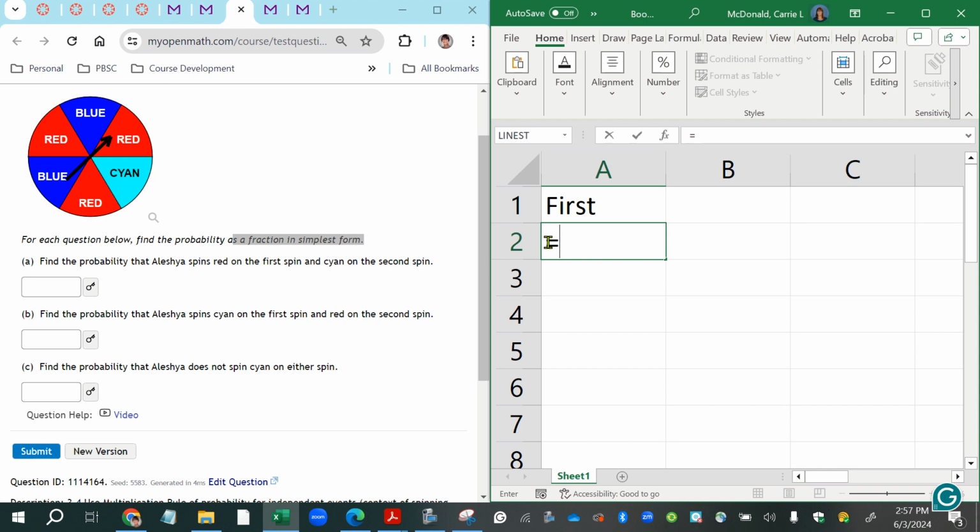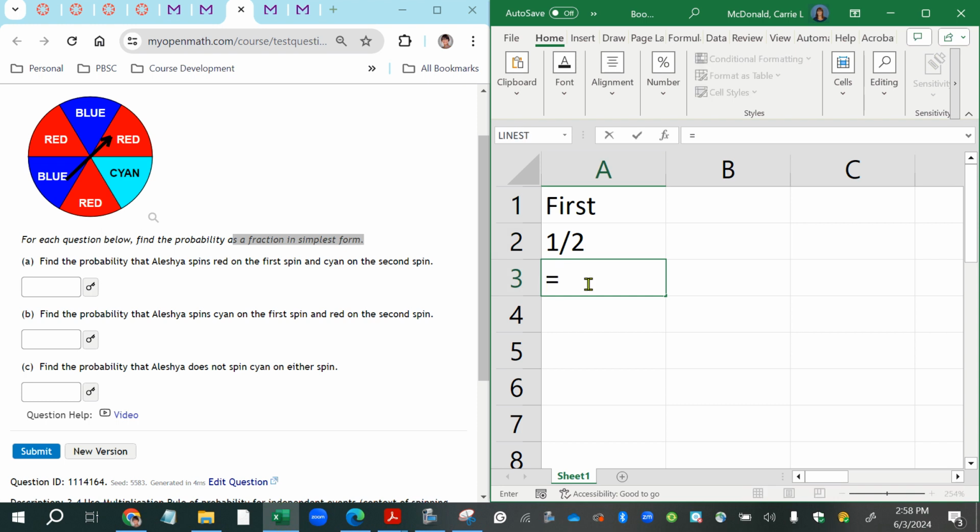Okay, so I'm going to actually enter it into this cell using the equal sign, and I'm going to do 1, actually, you know what, I'm going to do it with text, because if I put it in using the equal sign, it'll change it to a decimal, and I don't necessarily want that.